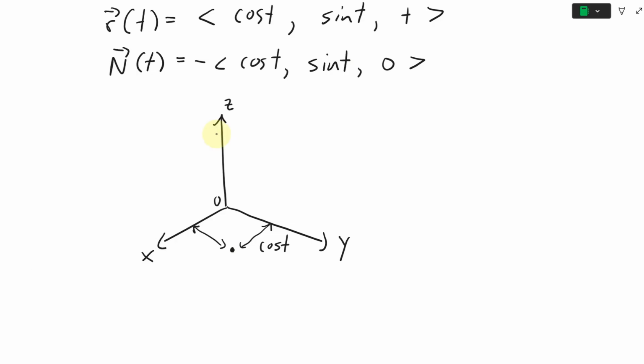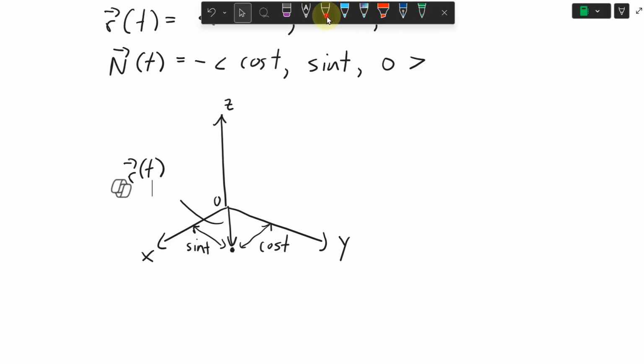The position vector points towards this point, this is r of t. But now we have the minus of that, so the reverse, which points the other way. Because it's the exact same thing but negative, and it's horizontal, it's pointing towards the z-axis. That's the unit normal. It's pretty epic stuff.